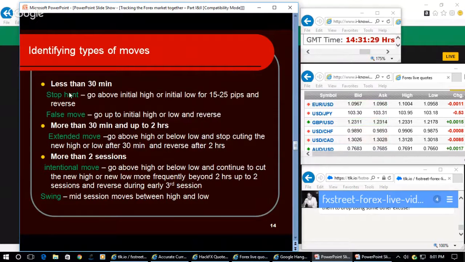So these are all the types of market moves the players make, that they make in less than 30 minutes. Some moves are quick moves in order to give knee-jerk reactions to the traders. We call them sometimes dips or moves, and they are mainly done in order to attract the trailing stops and also to hit the stops.